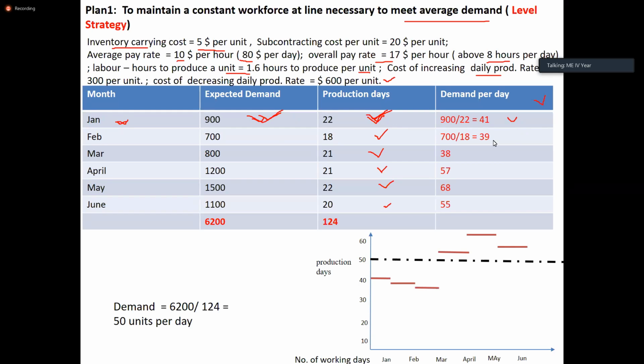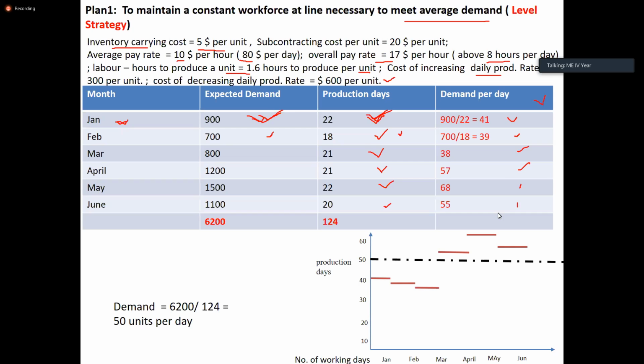Similarly, you can calculate for February, the demand is 700. So 18 days the company will work, so the demand per day is 700 by 18, you will get 39. Similarly, March, April, May, June.